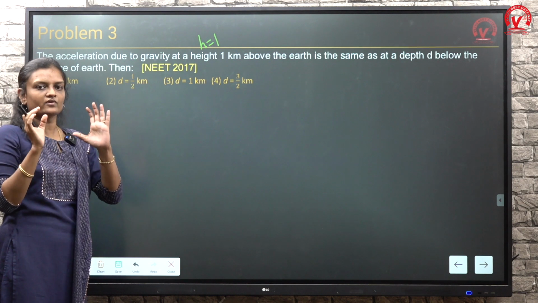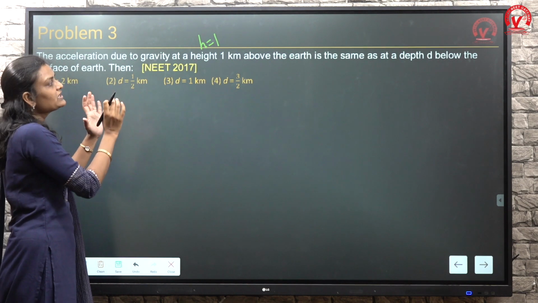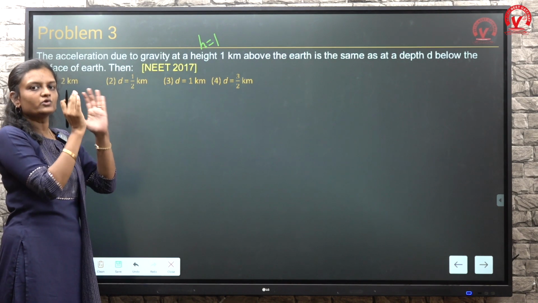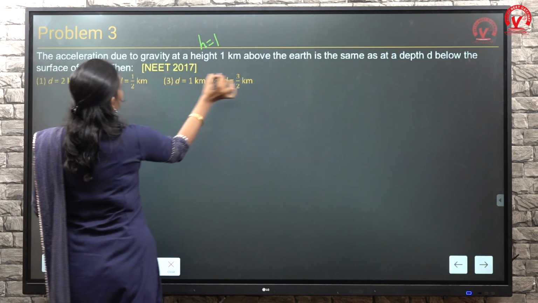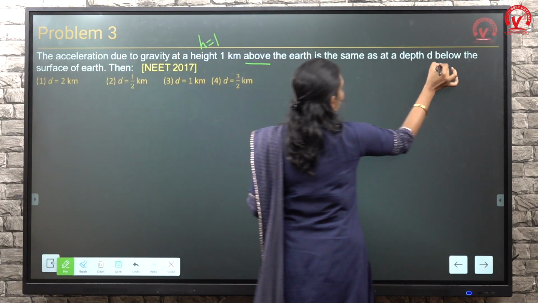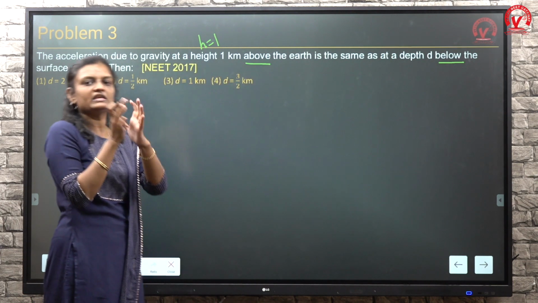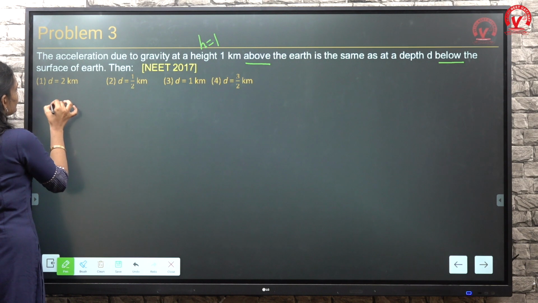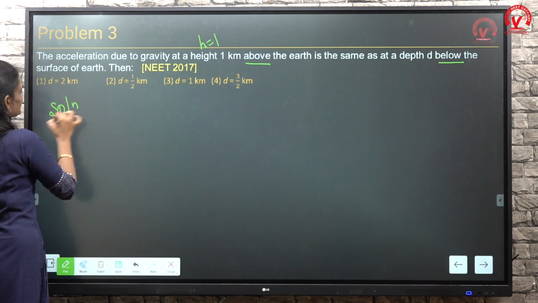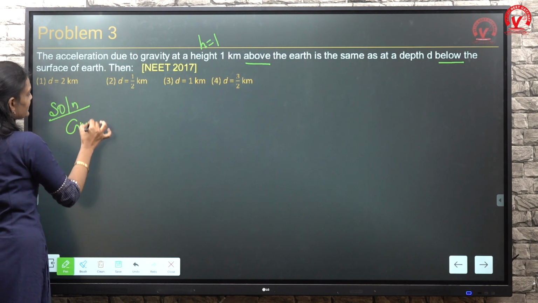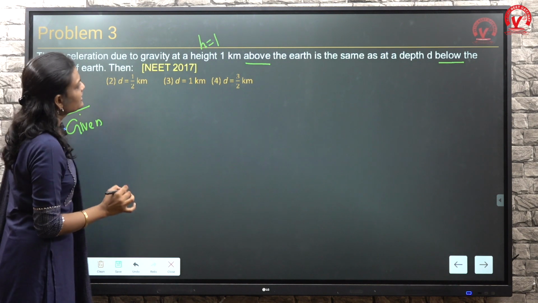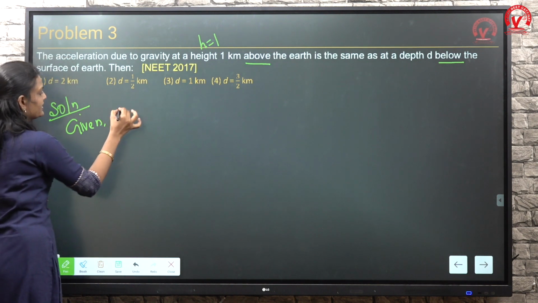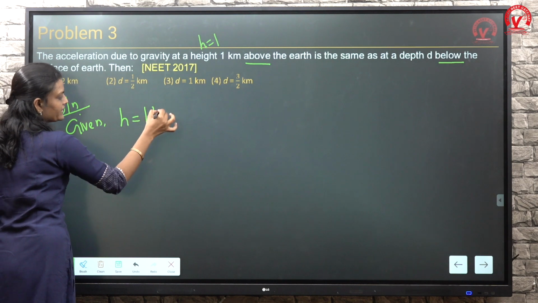Here also, first we think about what is given in the question. They gave two parameters, above as well as below. If they give like this, you want to equate the two parameters. Given: height is equal to 1 kilometer.